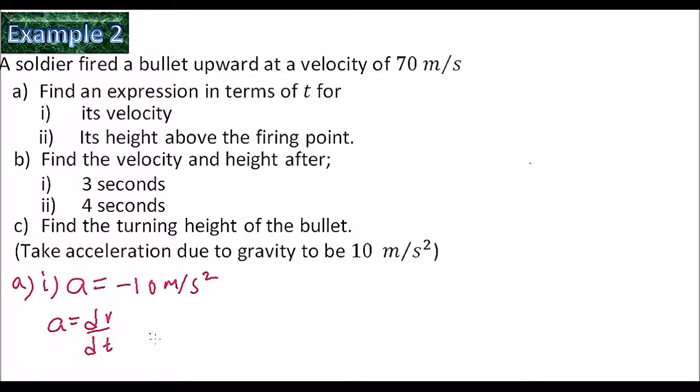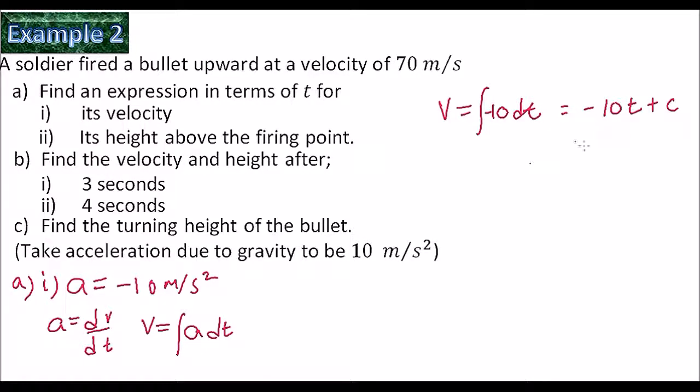This means that if we integrate acceleration with respect to time, then we will get velocity, which we are required to get here. So velocity is the integral of minus 10 with respect to time, and this will give us minus 10t plus c.